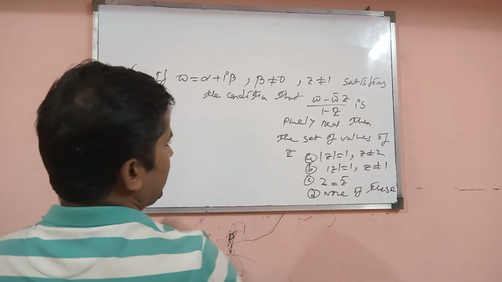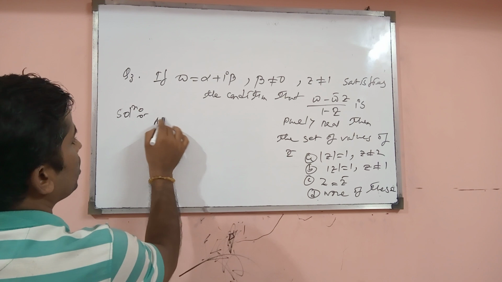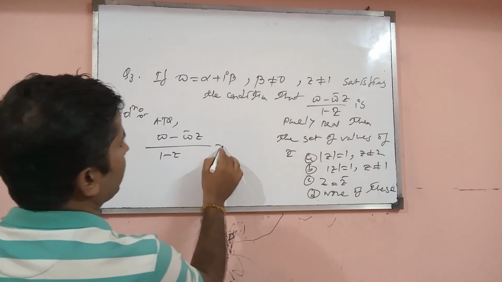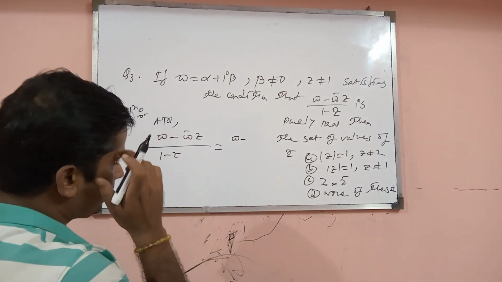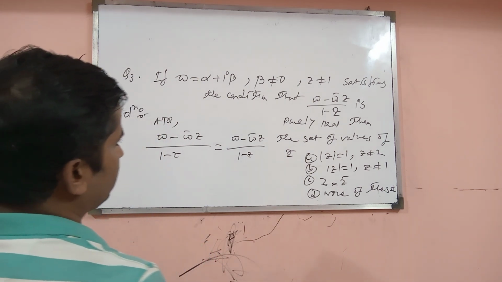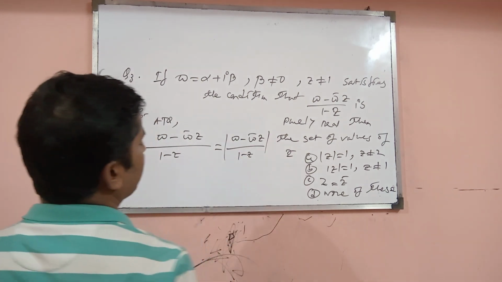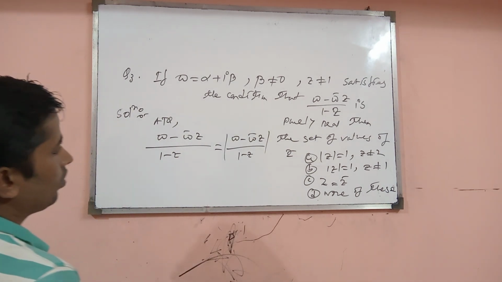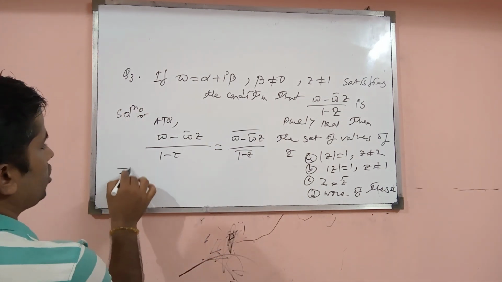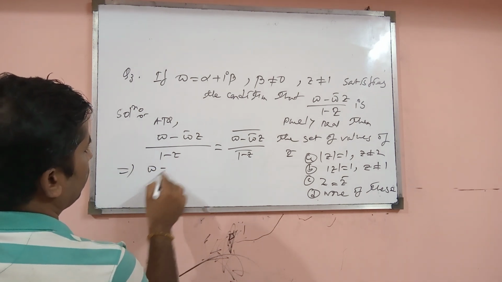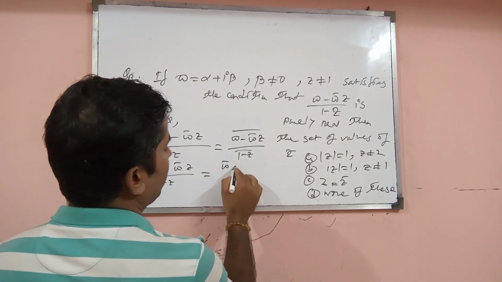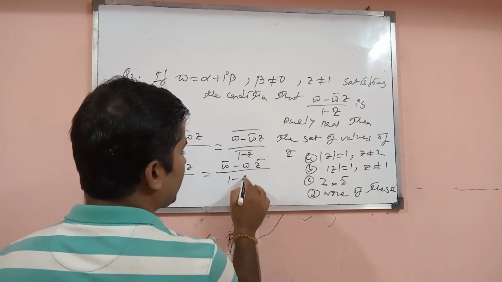So as it is purely real, based on the question we must write w minus w bar z by 1 minus z is equal to its conjugate, w bar minus w z bar by 1 minus z bar.